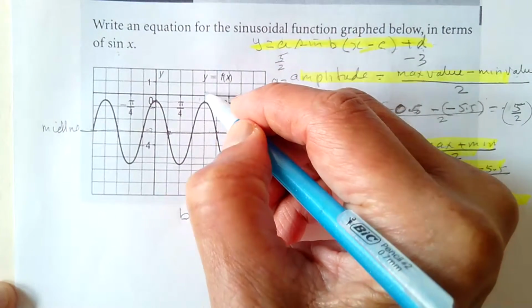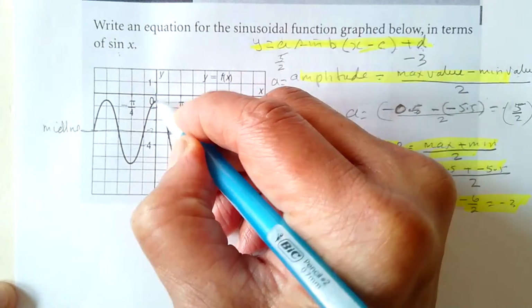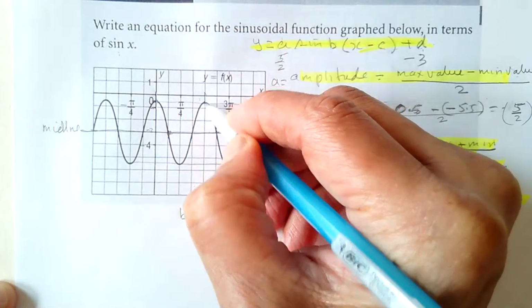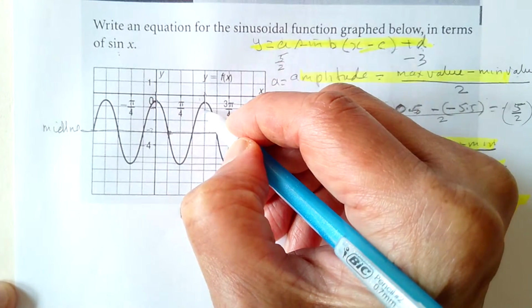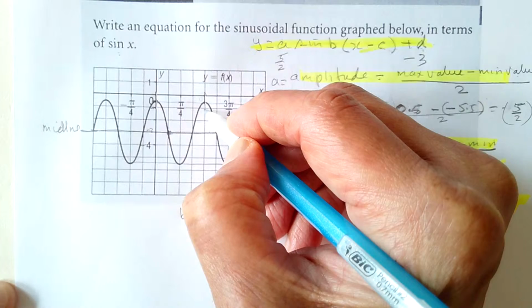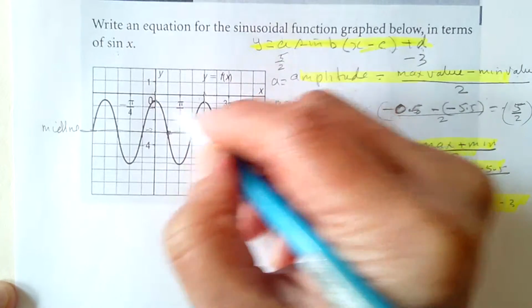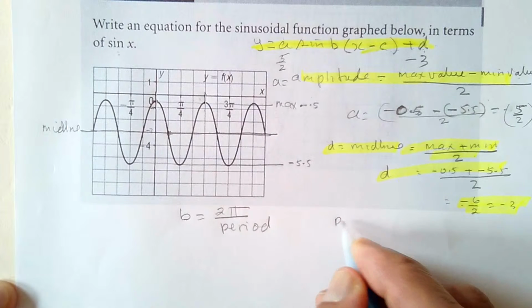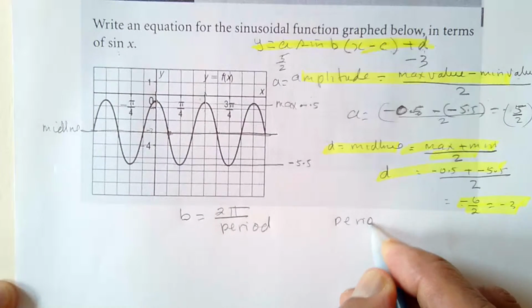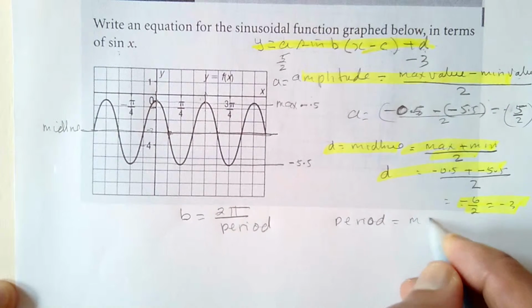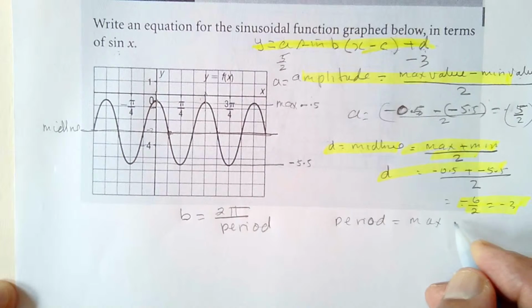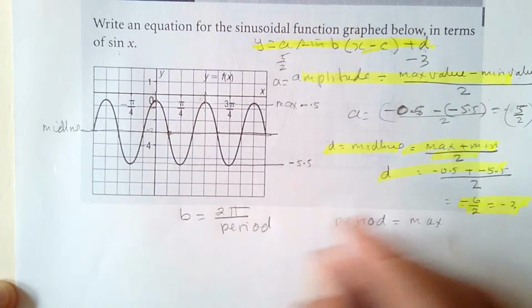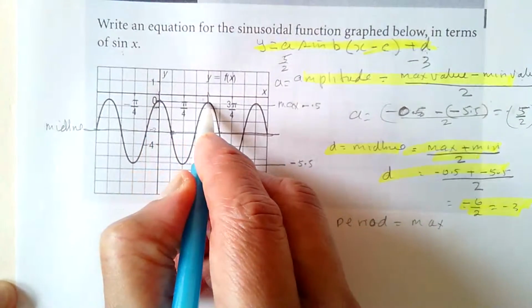And notice, if you start from the beginning here to here, it's half a pi. So the period for this sine function is the maximum distance here.